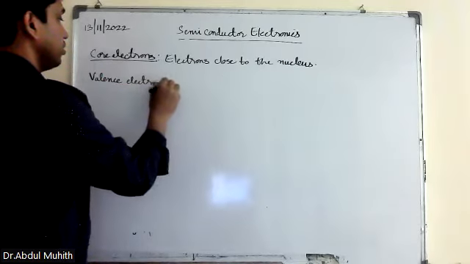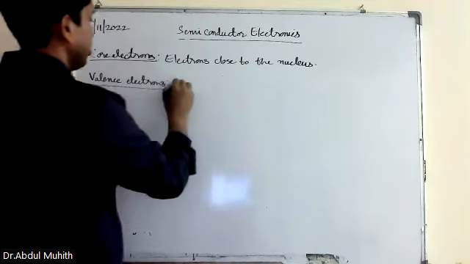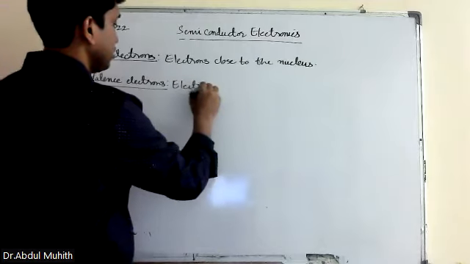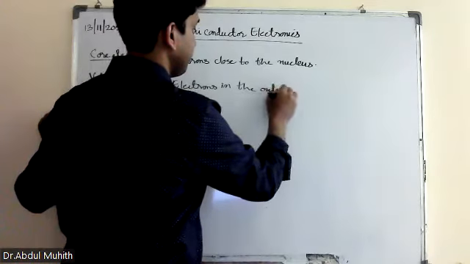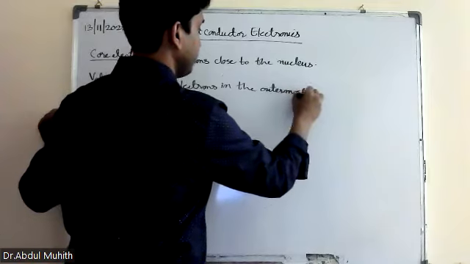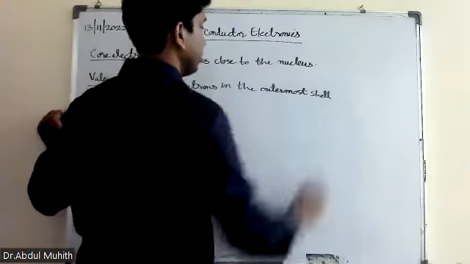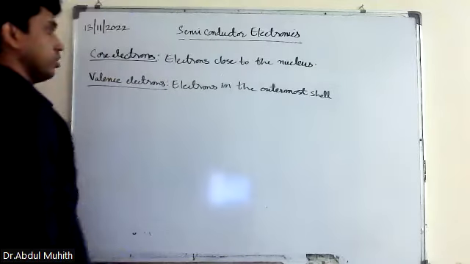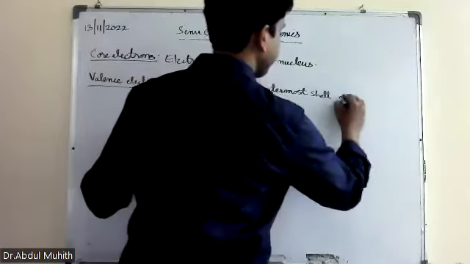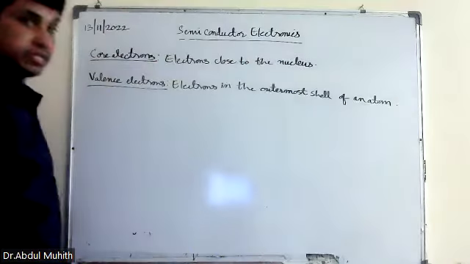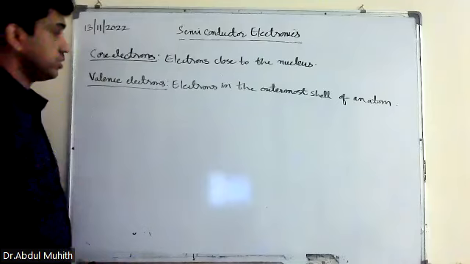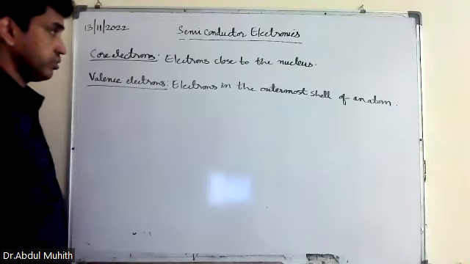What are valence electrons? Electrons in the outermost shell of an atom are known as valence electrons.